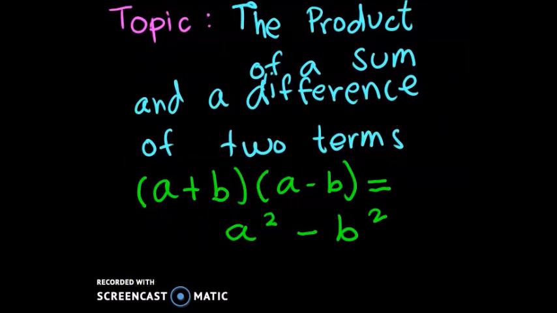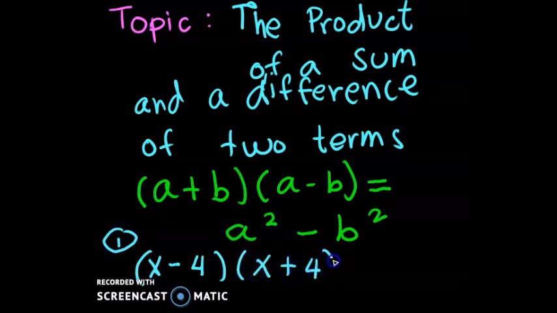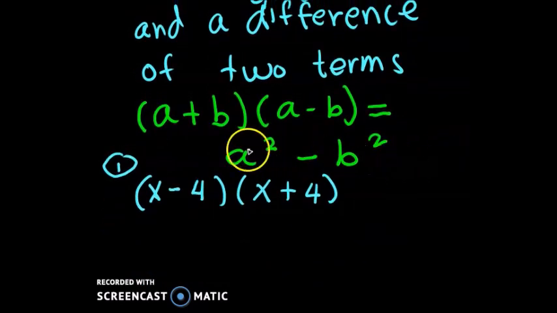For example, we have this given: find the product of x minus 4 times x plus 4. To answer this, we just need to understand our formula.